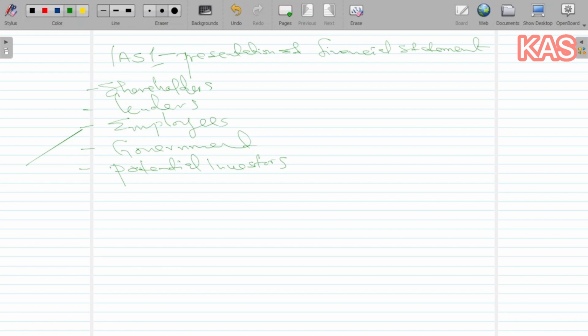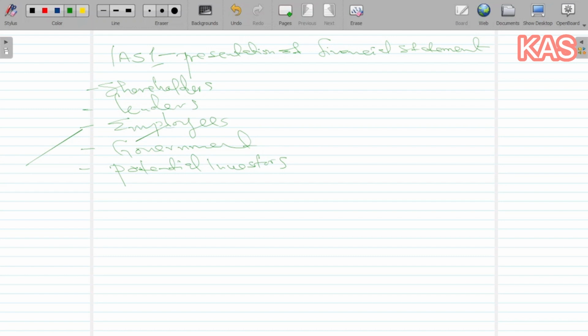You are expected to prepare your financial statement and present it to these people in accordance with this IAS 1, because it has to be transparent, and you can compare this information from the previous year to the current year, or you can compare it with another company. So that is what this IAS 1 is saying.